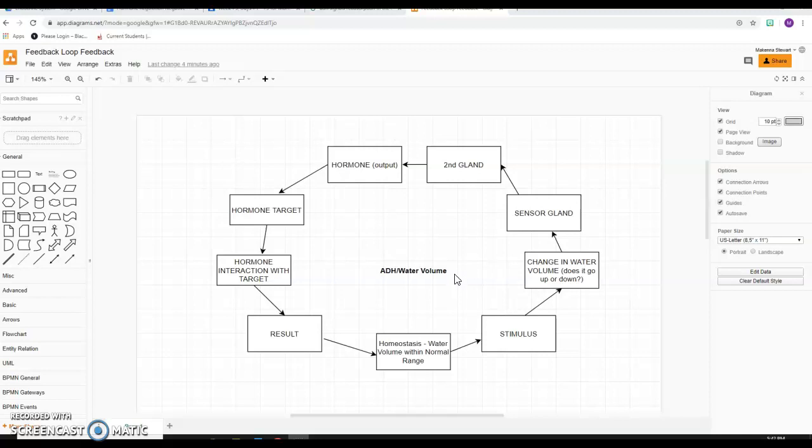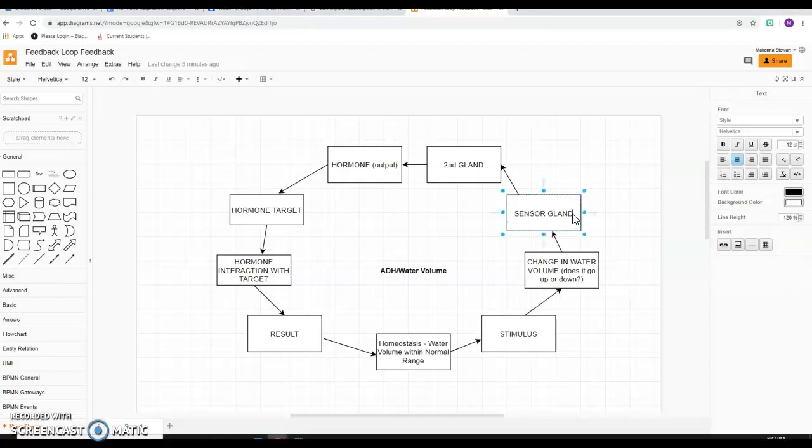From here, you have to consider, what's the sensor gland? What gland is going to detect the change in water volume? Now, I will tell you, the special component of this gland are called osmoreceptors.